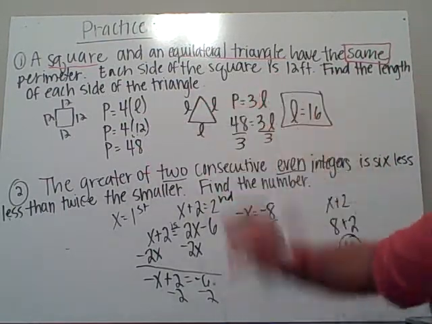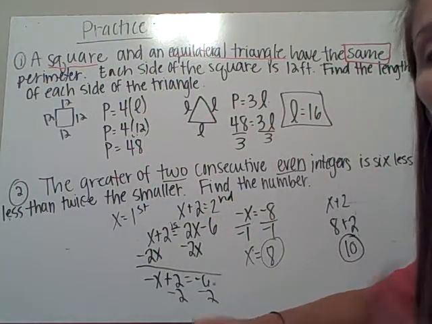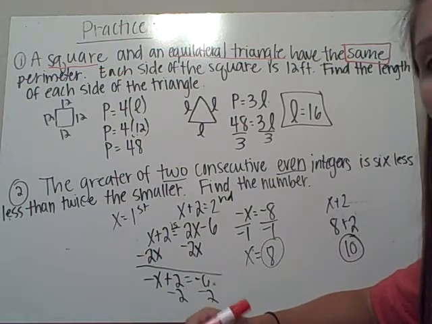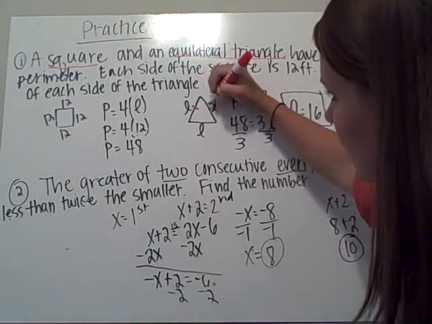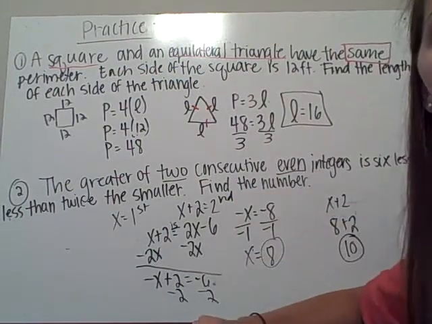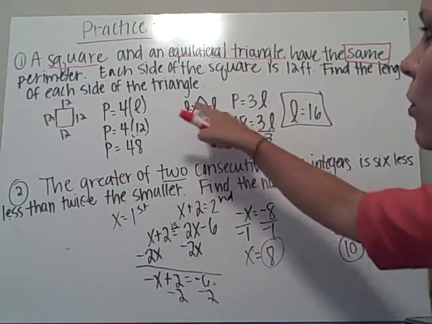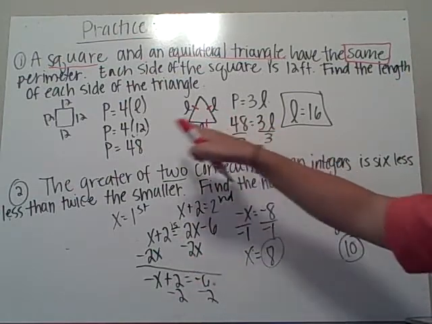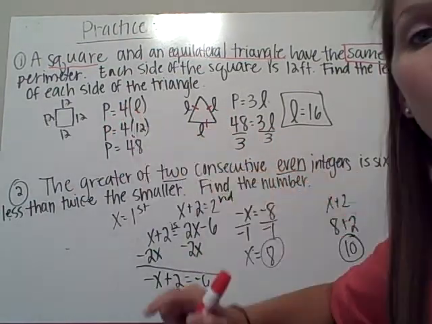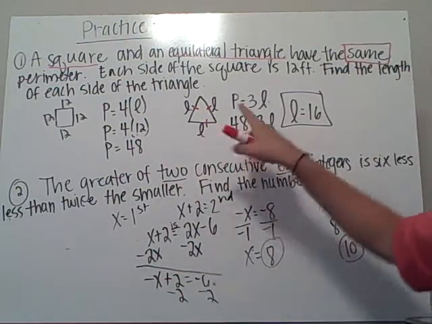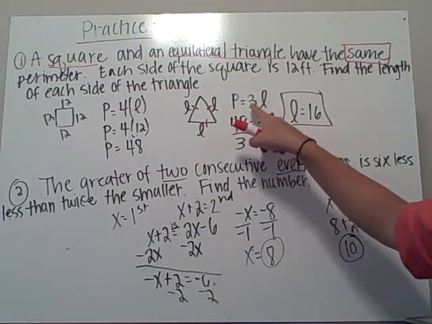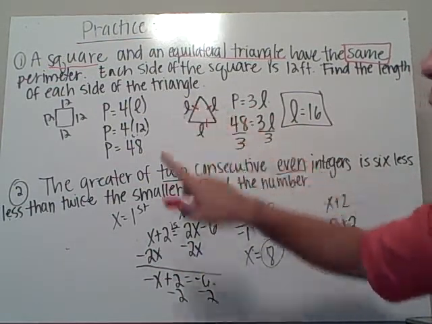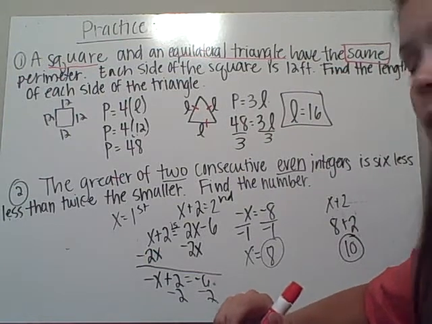Now, we need to go to the equilateral triangle, which we do not know the sides. But an equilateral triangle tells me that all sides are the same length. So I can label these all with the same variable. So, just like the square where we did 4L because we had 4 sides that were the same, for the triangle, we're going to have P equals 3L because we have 3 sides that are all the same length.